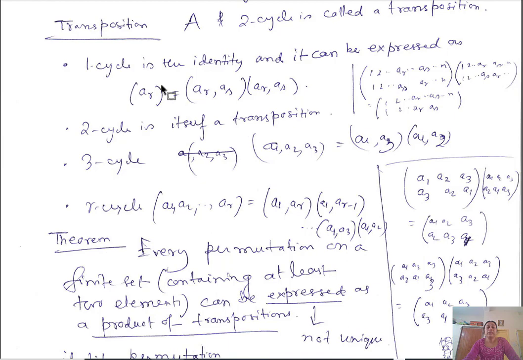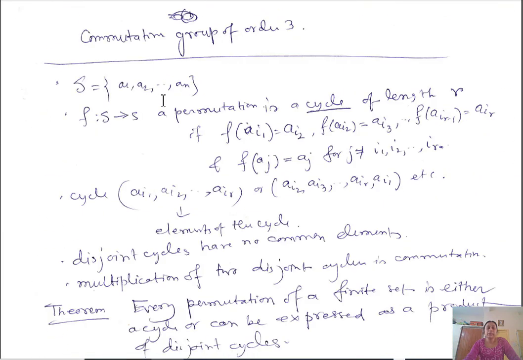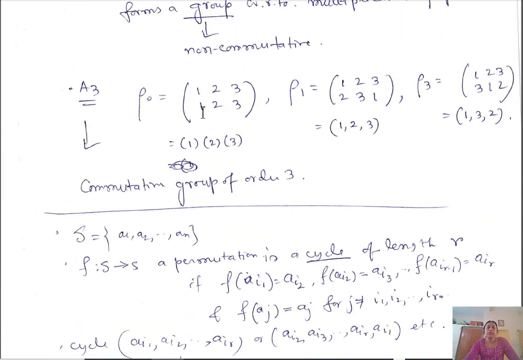This is an example of a one cycle: under this permutation 1 remains 1, 2 remains 2, 3 remains 3. So it can be written as cycle (1), cycle (2), cycle (3). So this is the product of 3 cycles of length 1 each.